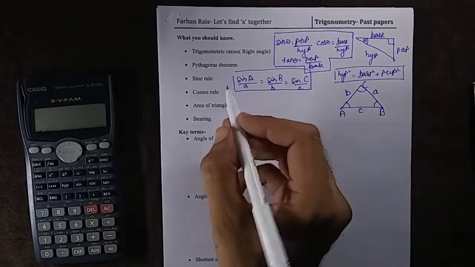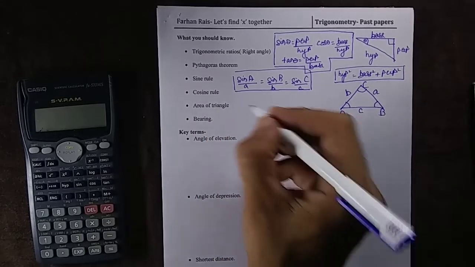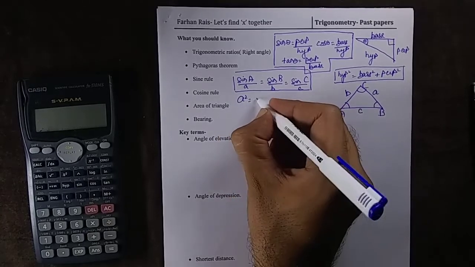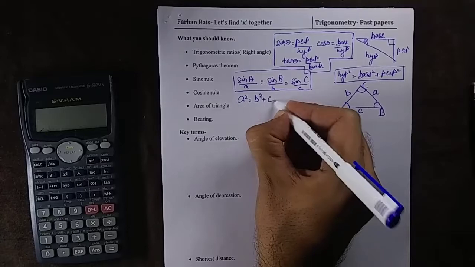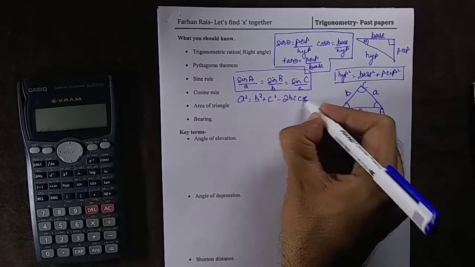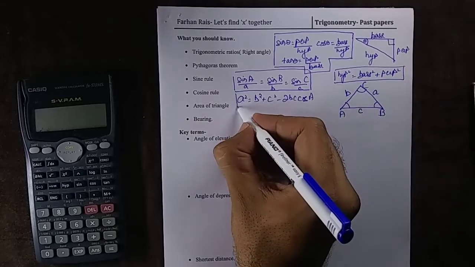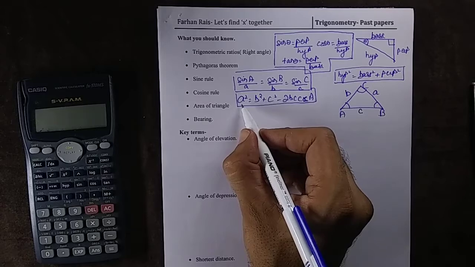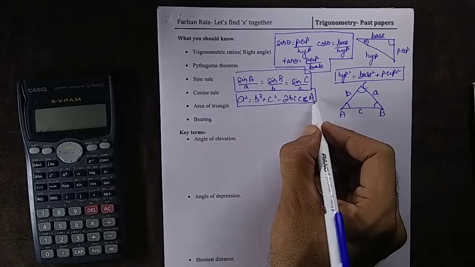For the cosine rule, it is stated as a square is equal to b square plus c square minus 2bc cos A. In simple words, whatever side appears on the left, its angle should be given.